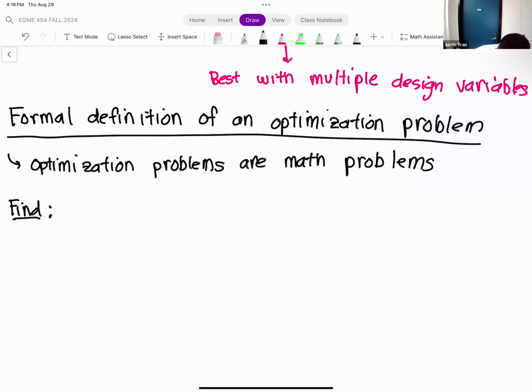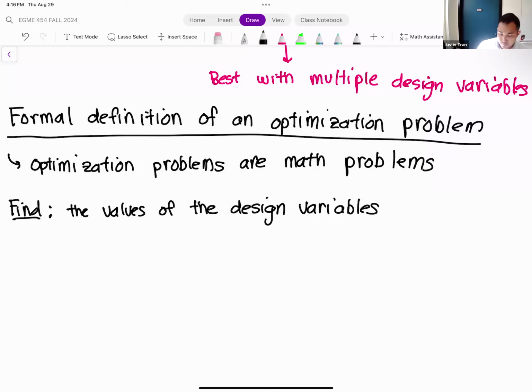So we're going to find the values of the design variables. Notice I have a plural there, design variables, right? So there can be more than one. And technically speaking, you can optimize over an endless amount of design variables as well.